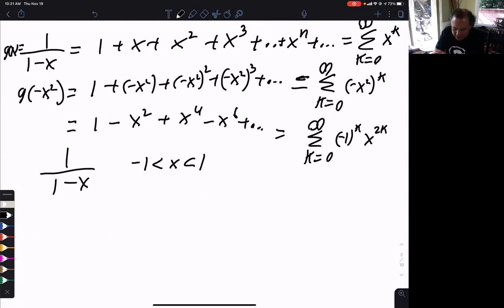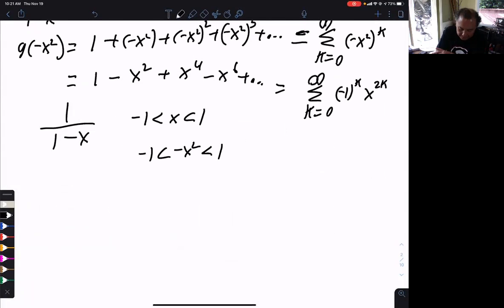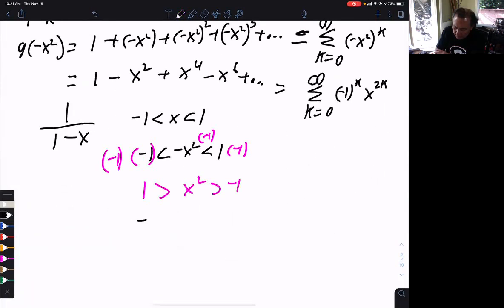So I'm going to do this. I can multiply everything by negative 1. But if I do that, the inequality flips. So I'm going to get 1 greater than x squared greater than negative 1. And I'm just going to rewrite it the other direction.